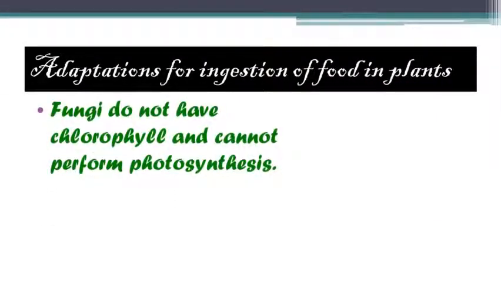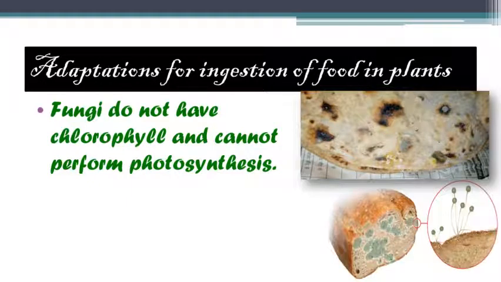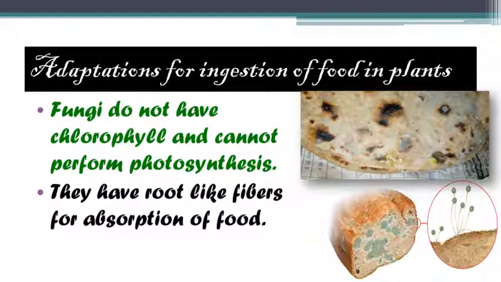Now next type is fungi. Fungi do not have chlorophyll and cannot perform photosynthesis, and they obtain food from starchy foodstuffs like bhakri and bread. That means they grow on food which contains starch, like bhakri and bread, and they have root-like fibers for absorption of the food.